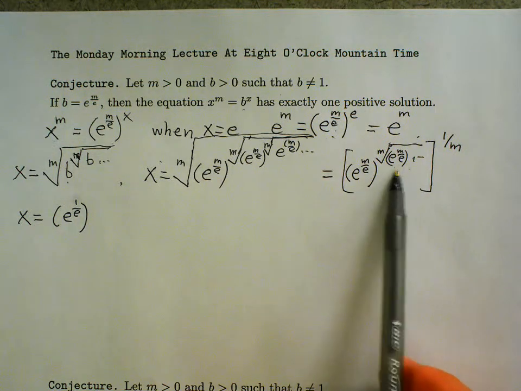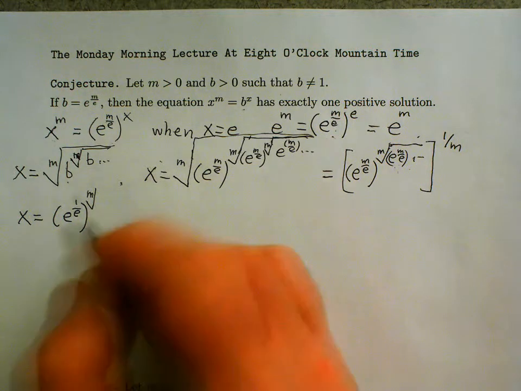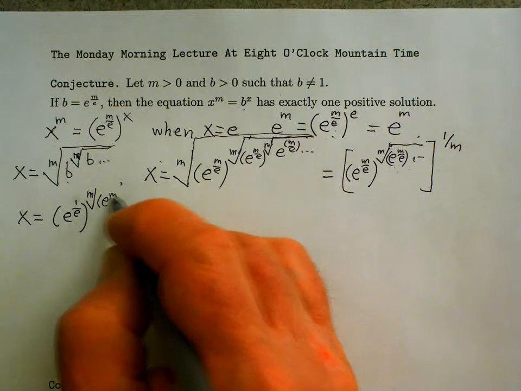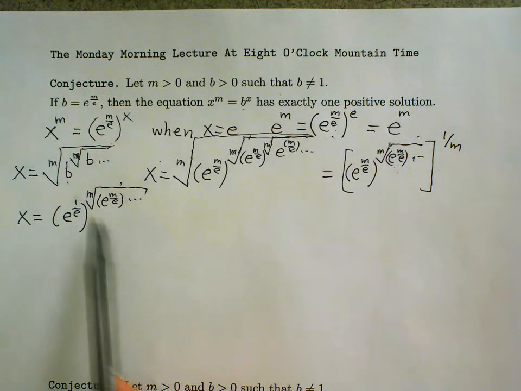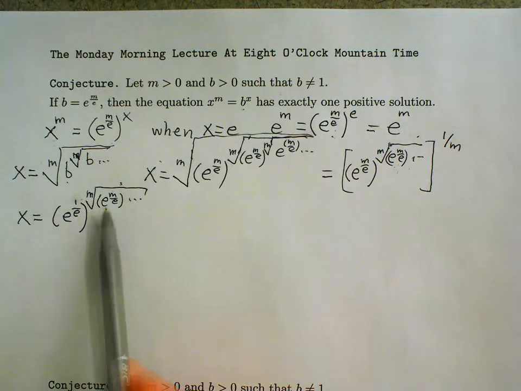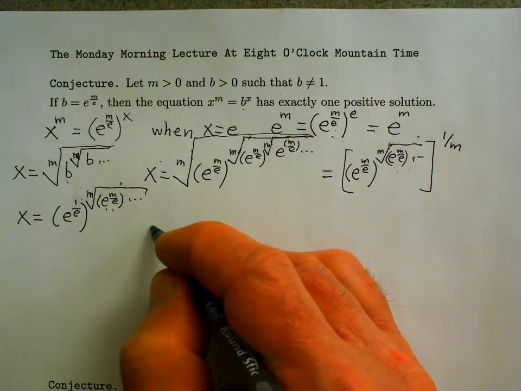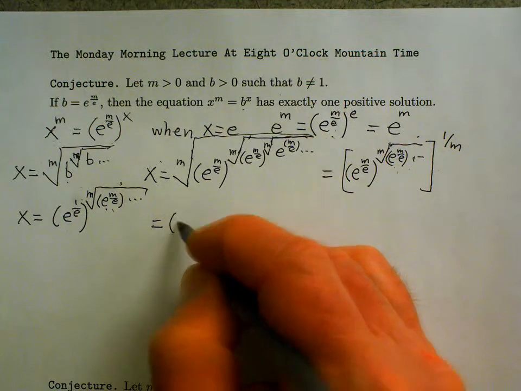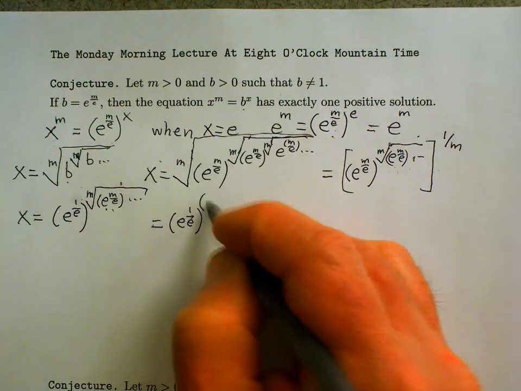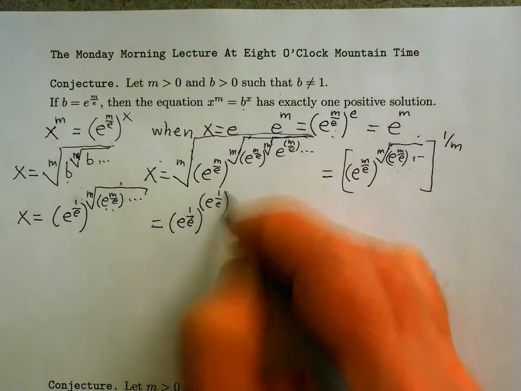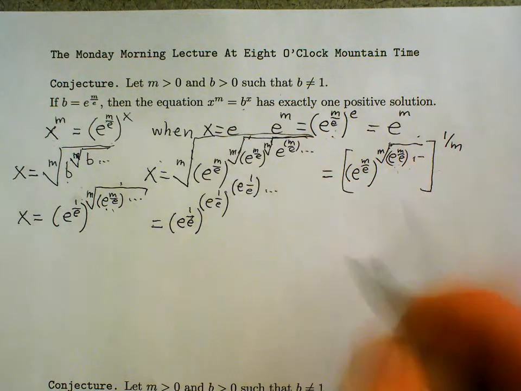raised to that infinite exponent again. But if I repeat the process on that exponent that I did in the previous step, then what I'm going to get is e to the 1 over e raised to e to the 1 over e raised to the exponent e to the 1 over e, and so on.